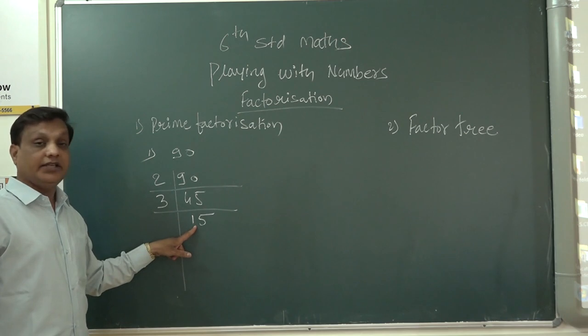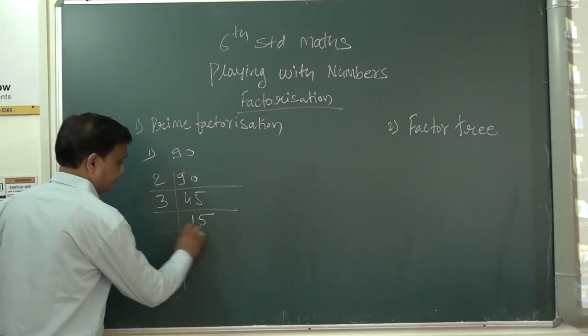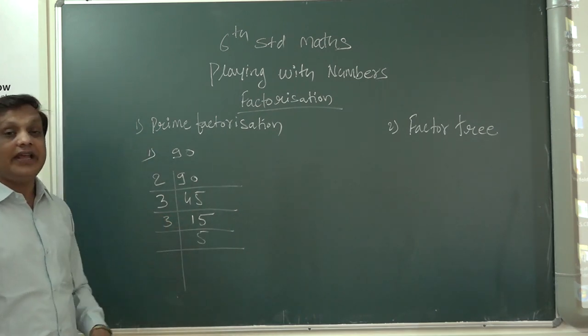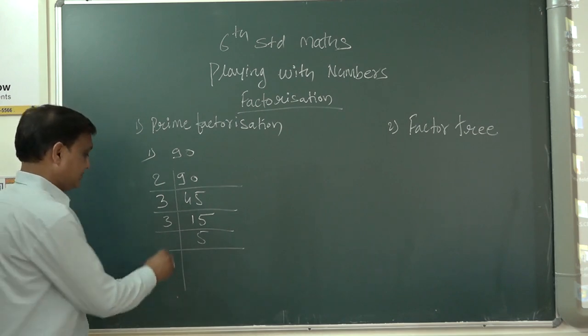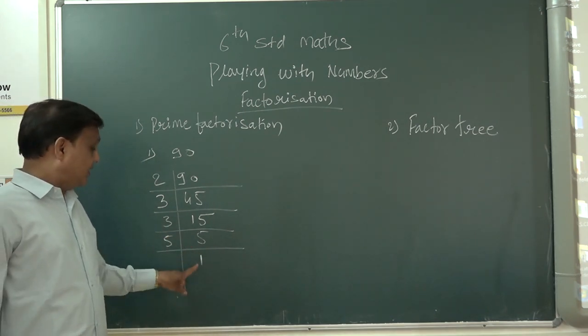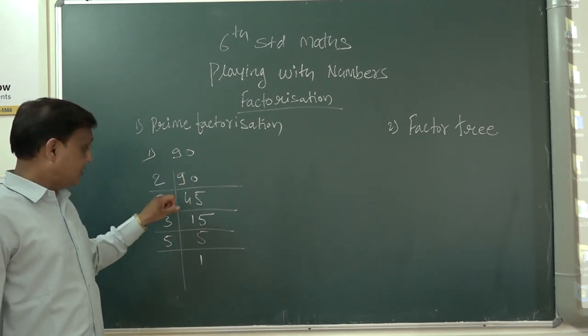Again 15 is divisible by 3 and also 5. So take 3. 3 5s are 15. Now 5 is divisible only by 5. 5 1s are 5. Till you get 1, you have to continue this process.